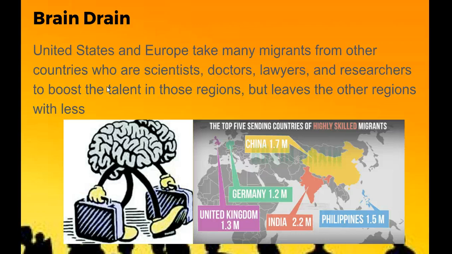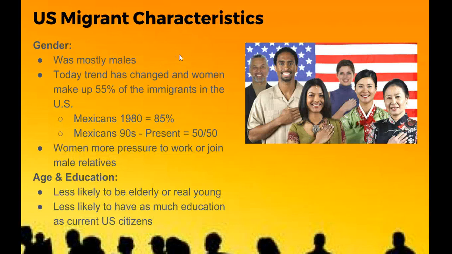Now again, with the brain drain, you have the idea of also remittances being sent back there. But usually this is going to hurt those countries. If we take India's best and brightest, if we take China's best and brightest, those are starting to be more developed countries, more stage 3, early stage 4 countries. We are going to slow their development because we are taking their best and their brightest.